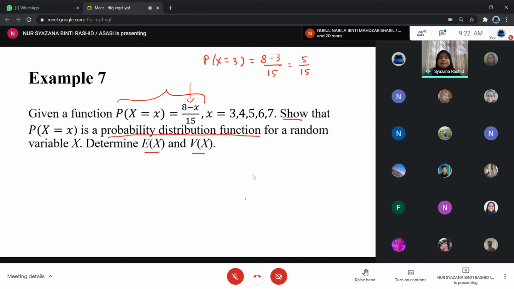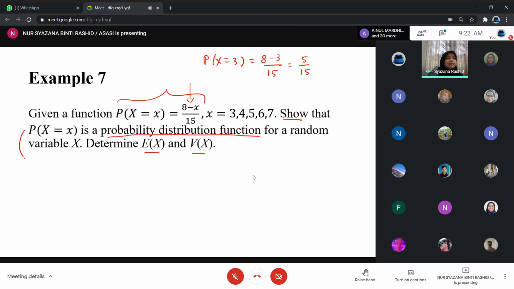Okay, ni sangat penting. So andai kata kalau you jumpa soalan yang dia mention tentang this is probability distribution. Tak kisahlah dia suruh show ke ataupun dia tanya soalan lain yang memerlukan you guna this as a probability distribution function. So apa you kena buat?